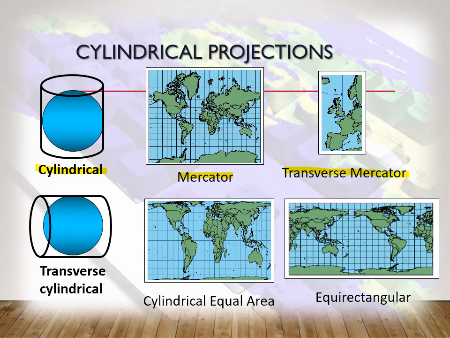Transverse Mercators are more localized. And then if we have a transverse cylindrical, we could have cylindrical equal area and equirectangular. Again, these are all just theoretical concepts behind projections. We'll talk much more in detail about more specific projections in ArcGIS.